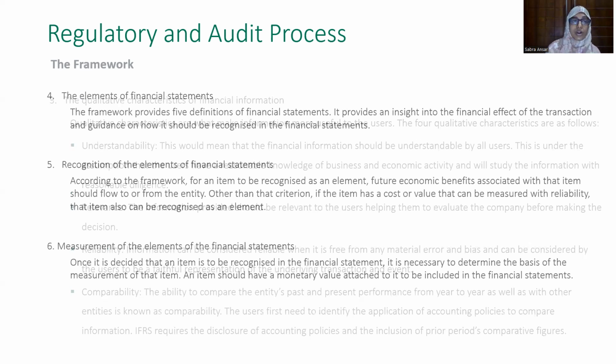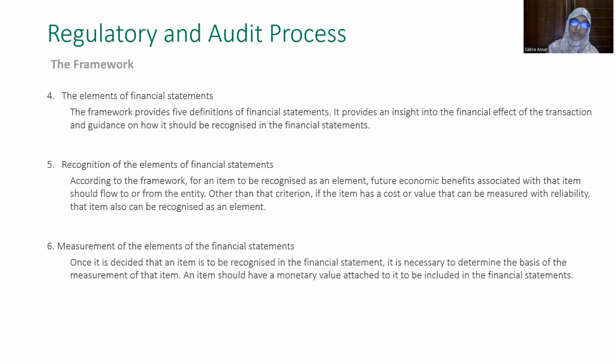Moving on, we have to look at the elements of the financial statement. So the framework basically provides 5 definitions for the financial statement. It will provide insight into the financial effect of the transaction and guidance on how it should be recognized in the financial statement as well. One of the things that we always talk about when we talk about IASs and IFRSs is the recognition of a particular element and the measurement.